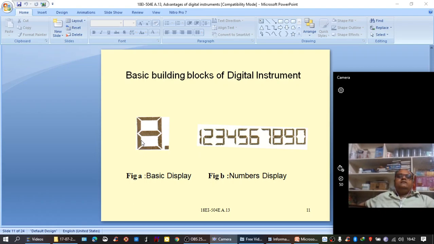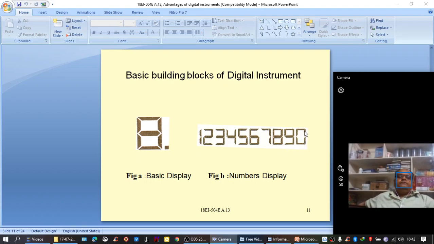B and E and F should be turned off. And if the number to be displayed is 8, then all the digits except for DP should be turned on.